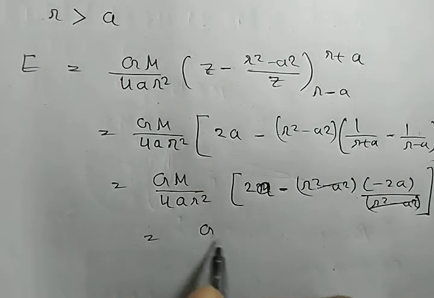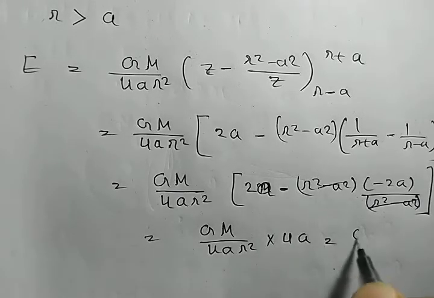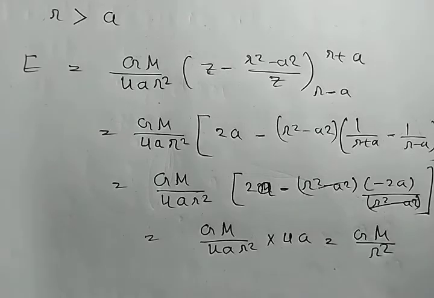So that gives us G M by 4a r square times 4a, which gives us G M by r square.